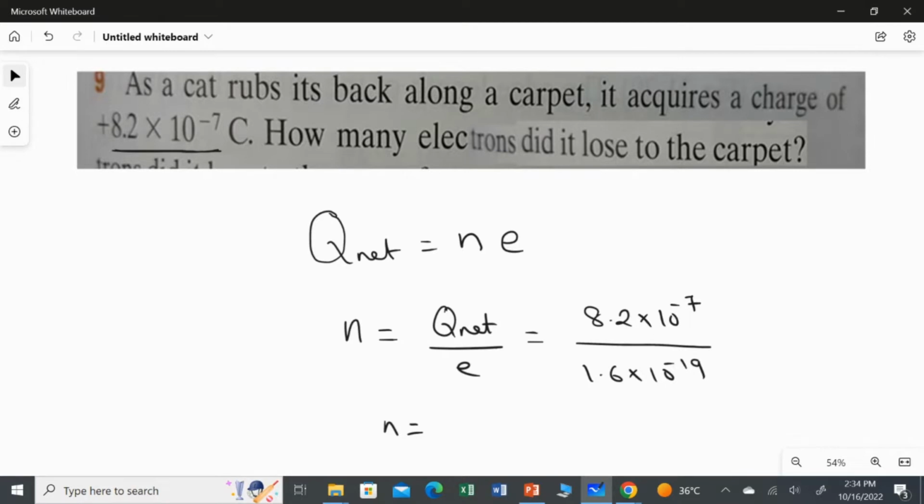So let's find the answer. 8.2 multiplied by 10 to the power of minus 7 over 1.6 times 10 to the power of minus 19 gives 5.125 multiplied by 10 to the power of 12 electrons. So this many electrons the cat loses from its body. Clear? And the carpet gains this many electrons.